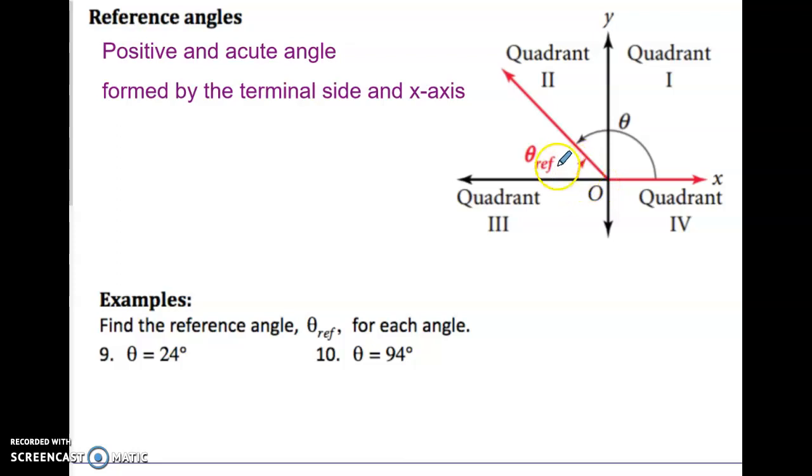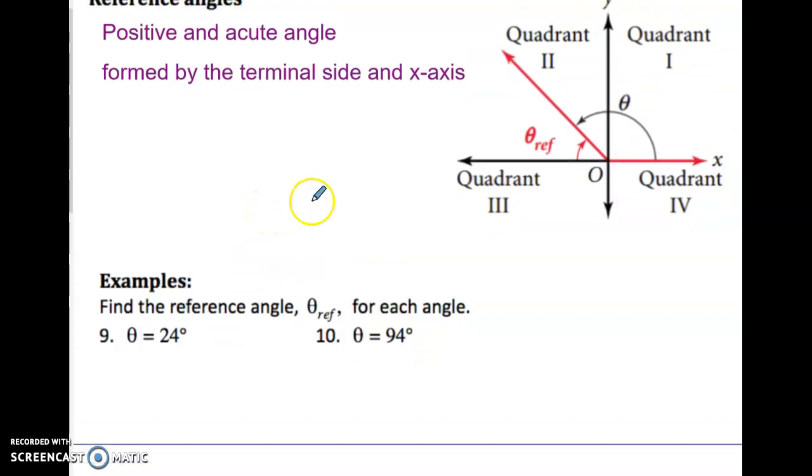The reference angle goes from here to here. Now, if the angle is over here, we would go to this x-axis. If it's down here in quadrant 4, we would go to the x-positive axis. And if it was down here in quadrant 3, we'd go to the x-negative axis. So what does that mean? What does that look like? Let's look at the examples.